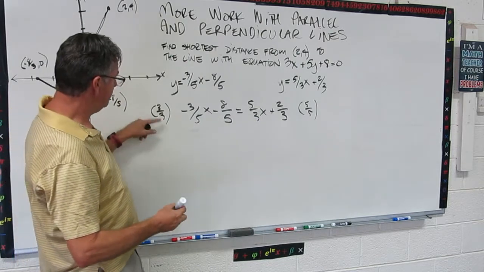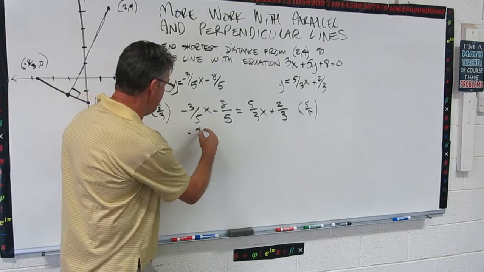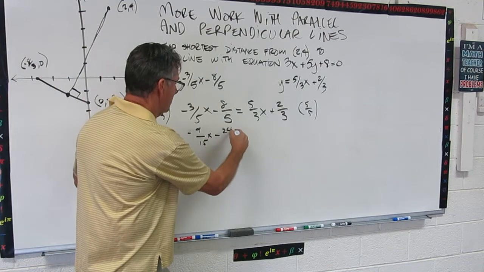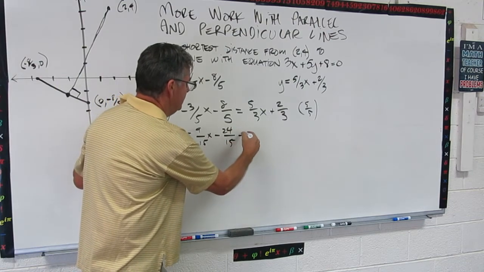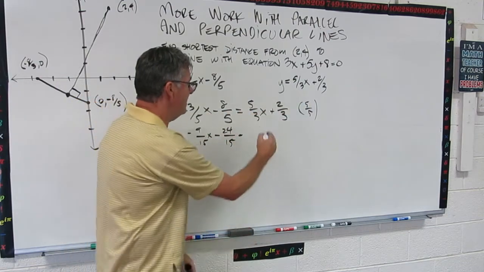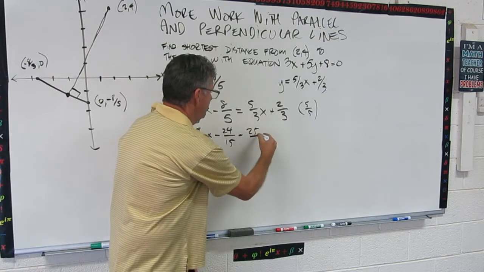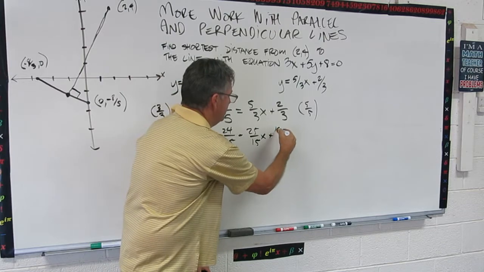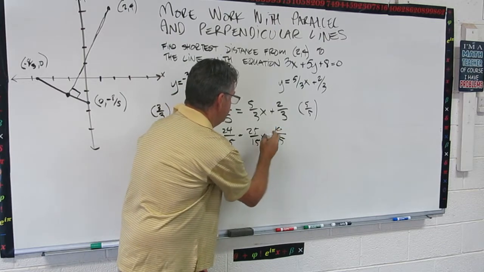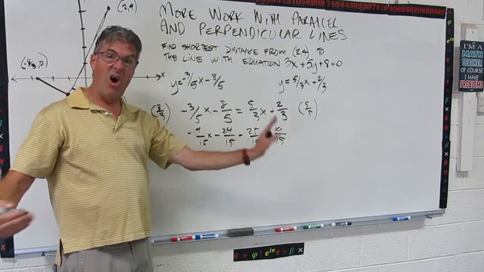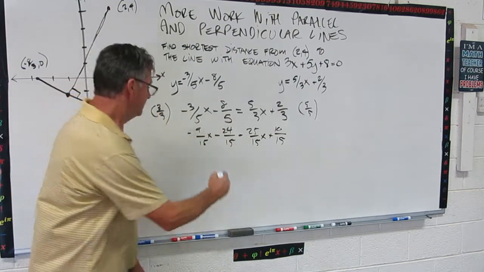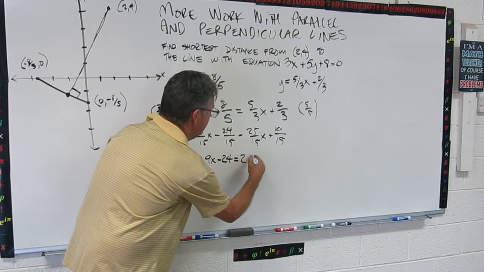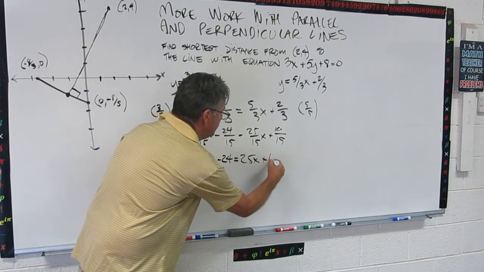So 3 over 3 times this is going to be minus 9/15 x minus 24/15 equals, now I'm going to multiply this side by 5, so I get 25/15 x plus 10/15. Now that the bottoms are all 15, I can just get rid of them. So this is going to be minus 9x minus 24 equals 25x plus 10.